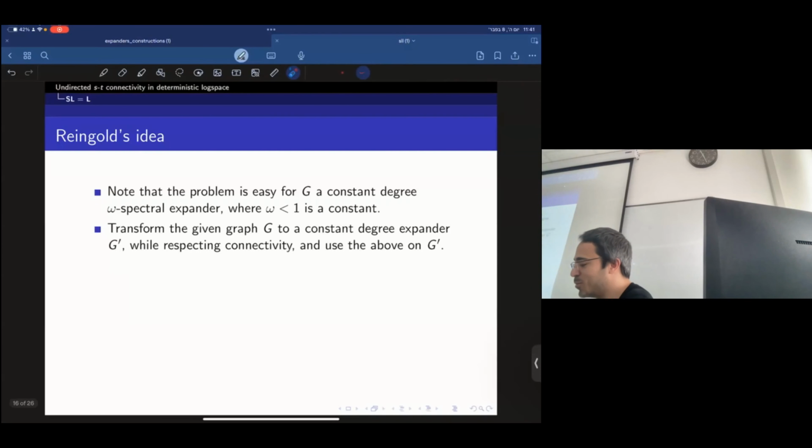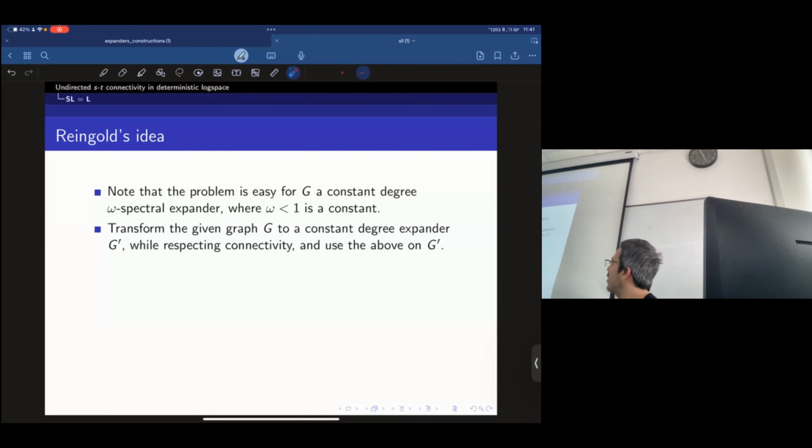So what we are going to do, and we are going to do it carefully, is to transform the given graph G, and the transform is the essence of the thing. We transform the given graph to a constant degree expander G prime, but not ignoring G. We are going to respect the connectivity.